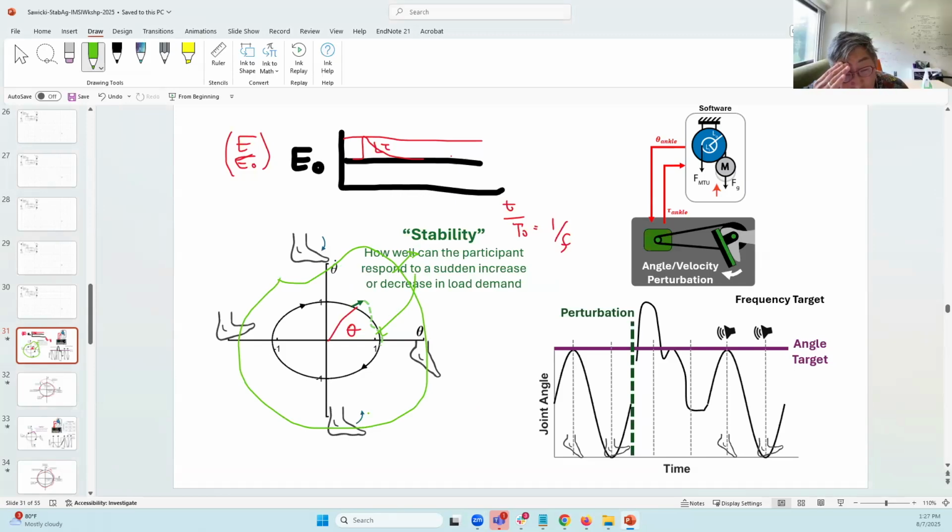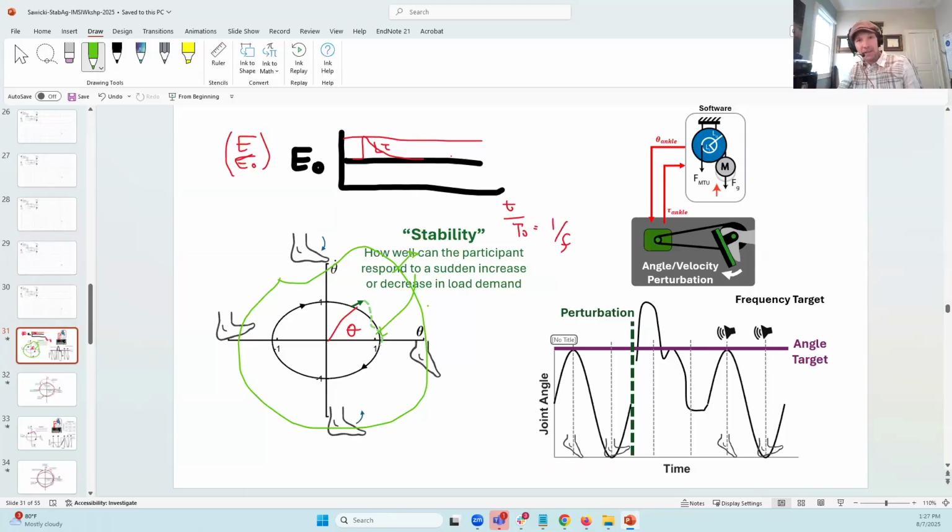You could use frequency and amplitude for sure. Frequency and amplitude are the easiest way to change the size of the thing, but you could also push them really far and then see whether they can get back, right?